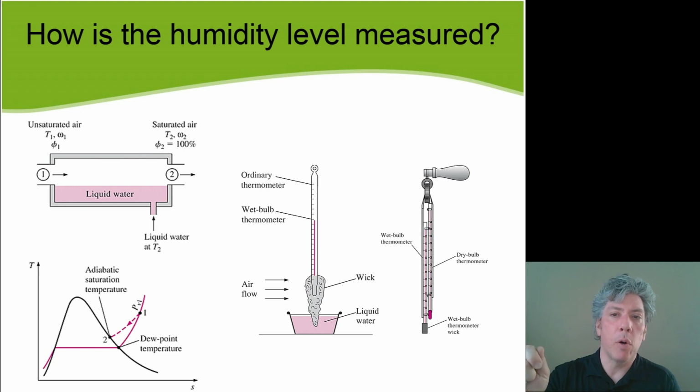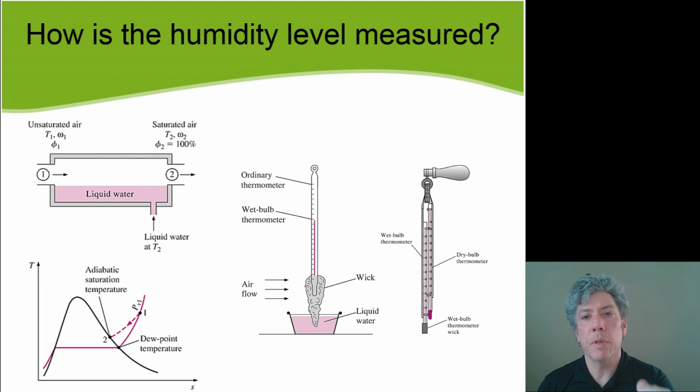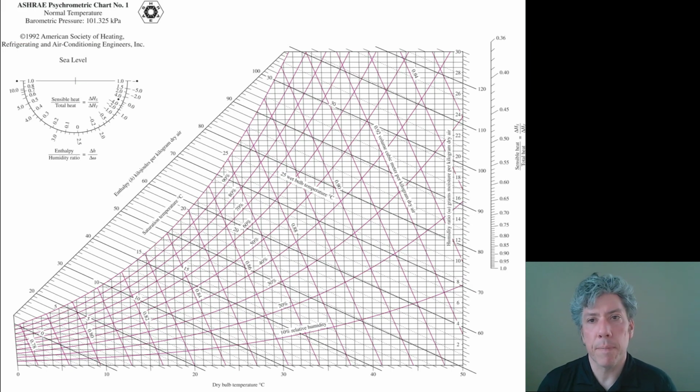You actually grab a hold of the handle that's sort of horizontal there, and you sling it around above your head or beside you, and that's what generates the airflow across the wet bulb so that the temperature of the wet bulb thermometer drops. And by looking at the dry bulb and wet bulb temperatures, you can then go back to the equation that we had a moment ago and figure out the absolute humidity of the air under test.